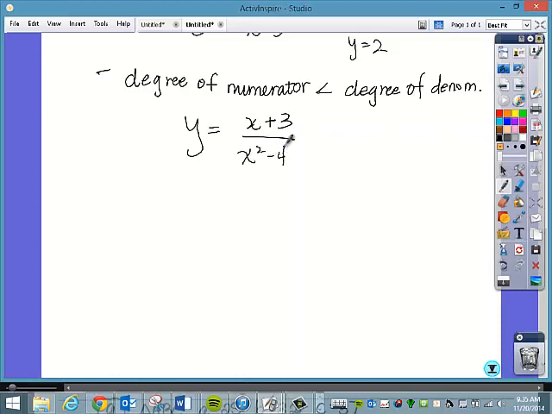The degree of your numerator is 1. The degree of your denominator is 2. When the degree of the numerator is less than the degree of the denominator, the horizontal asymptote is at y equals 0. That is your horizontal asymptote, the line y equals 0, aka the x-axis.